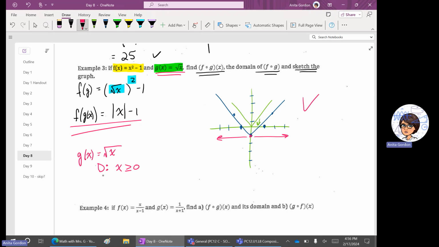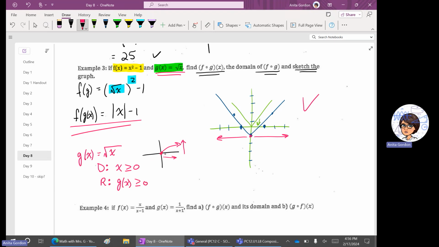And then the output of g, the range of g, what are the possible y values? Well, let's think. If we go back to lesson 1 where we did our basic functions, the square root function was something like that. So x has to be positive, any positive number, and y is also going to be positive. So actually, instead of writing y, I'm going to write g of x also has to be greater than or equal to 0.